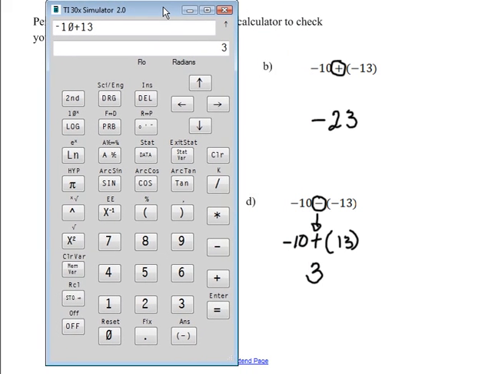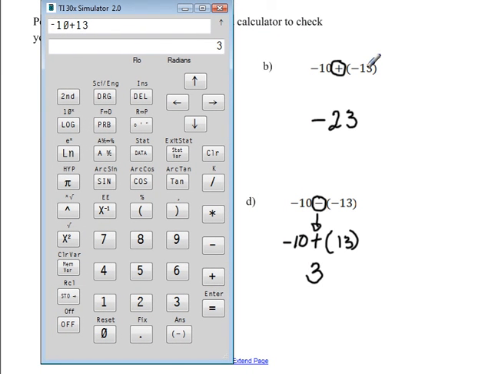Take a look at the other two problems that we're going to check. Negative 10 plus negative 13. So negative 10 using the negative sign, negative 10 plus negative 13. And we can use the parentheses or not. It's up to you. I'm going to use parentheses this time. So negative 10 plus negative 13. If I use the parentheses, if I open, I want to be sure to close them.